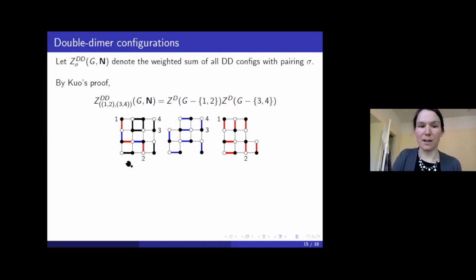And that's because this double dimer configuration can always be decomposed into these 2 dimer configurations.